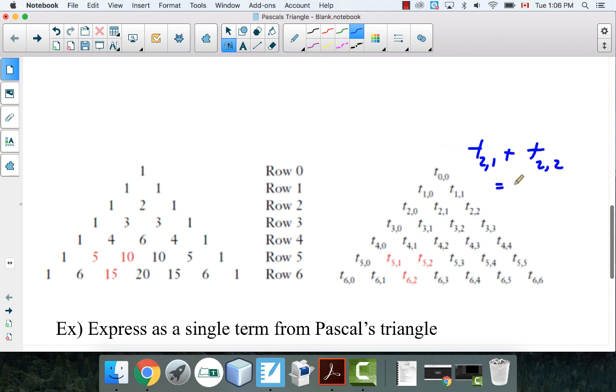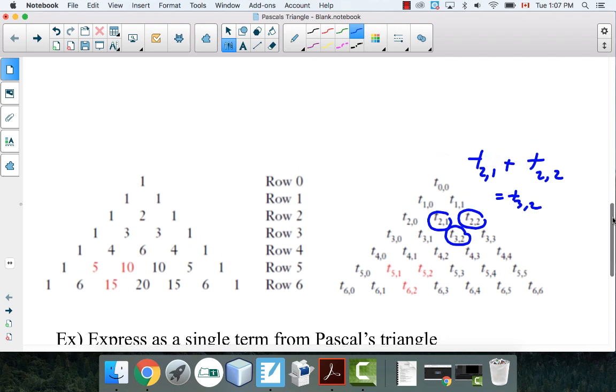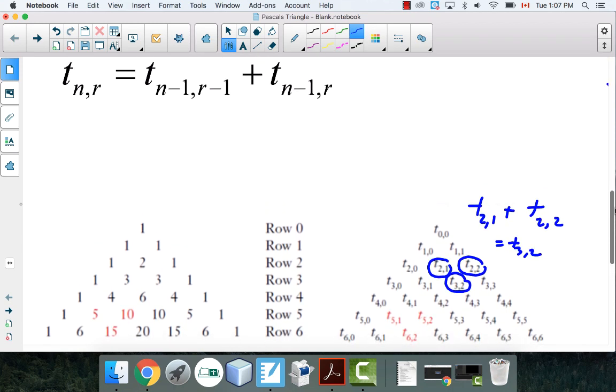If you add those together, you get T(3,2). So this one right here plus this one gives me this one right here. Okay, so now if you take a look at the numbers here, the first element here, the 3, if I subtract 1, I get 2. If I subtract 2, I get 1. So that actually matches what I have in my formula up here.